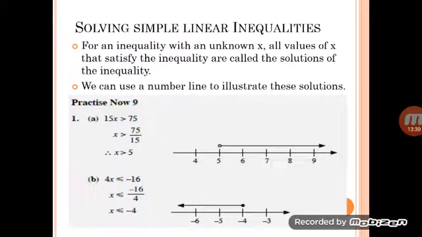Now as x is less than, all the answers lie to the left hand side, meaning all the numbers from minus 4 and less than minus 4 are the solution. You can see that the circle above minus 4 is colored. Why is it colored? Because it is written that x is less than or equal to minus 4. When we have an equal sign, we color the circle, otherwise we do not.